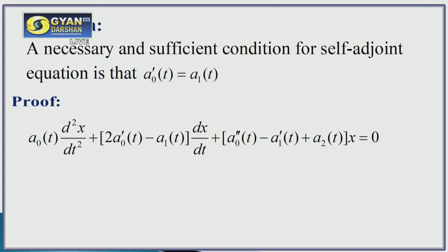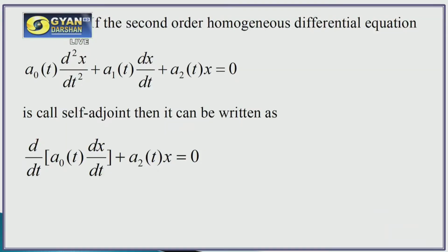If you see the definition of the adjoint equation in the expanded form, and put a0 dash equal to a1, you will get this. Now if you simplify it, in the next slide you will see the self-adjoint equation becomes this.